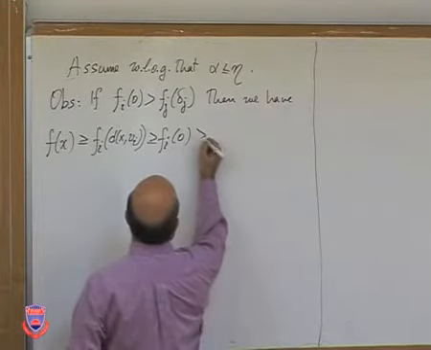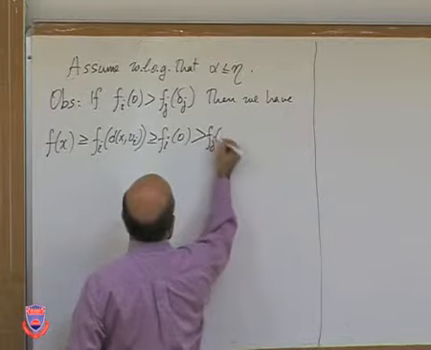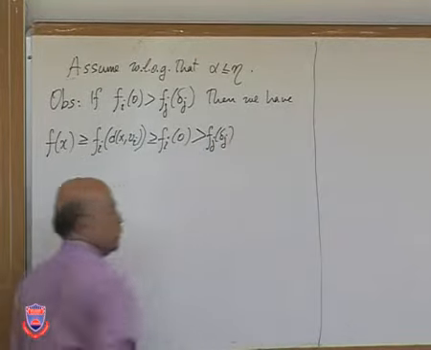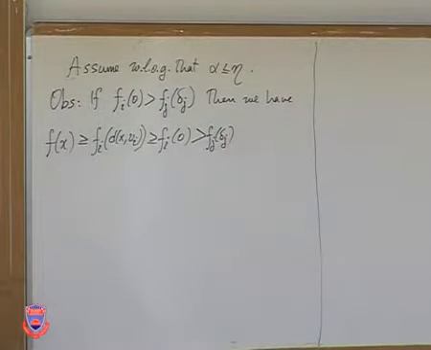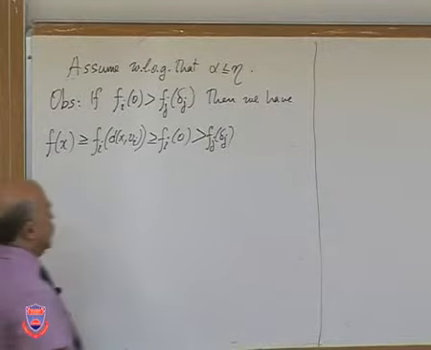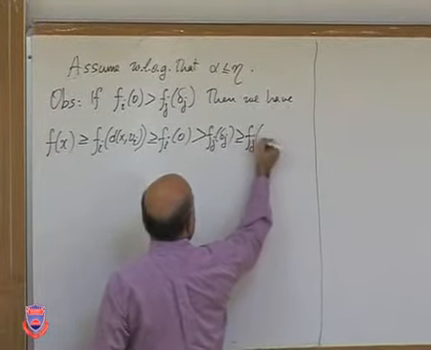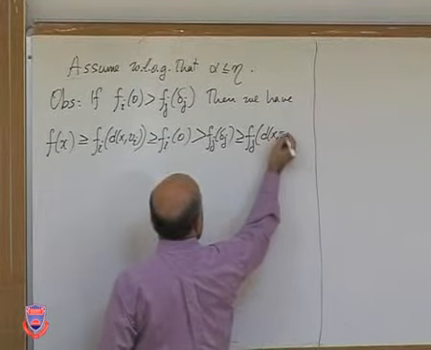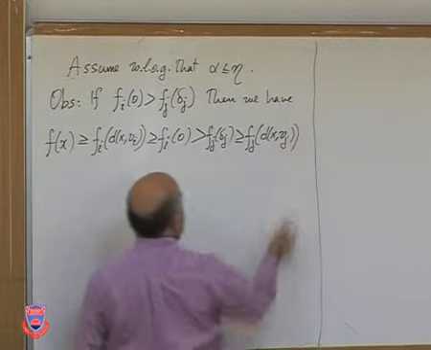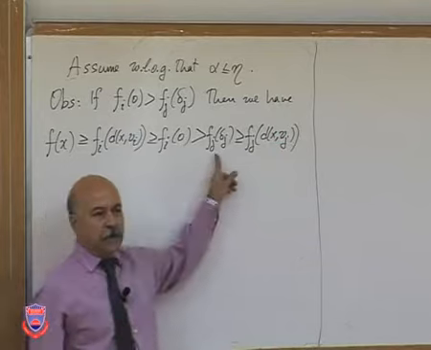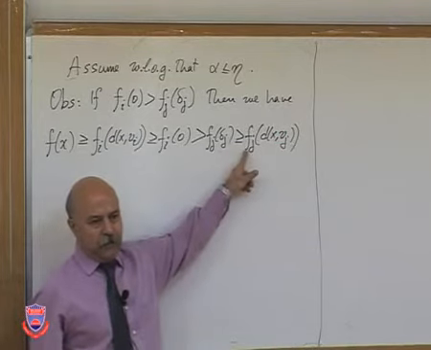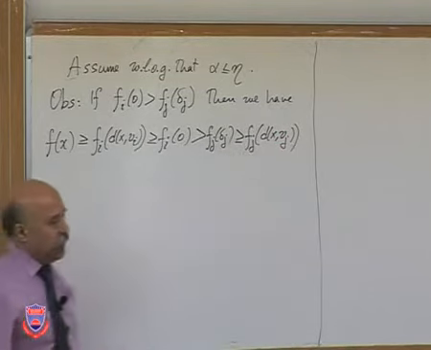This is, by assumption, f_j of delta_j greater than f_j of delta_j, which is surely greater or equal to f_j of d(x, v_j). Why is this true? Because delta_j is the farthest you can get away from v_j.